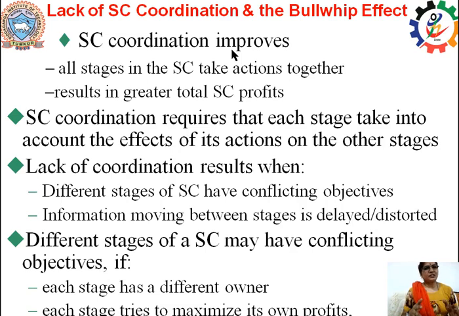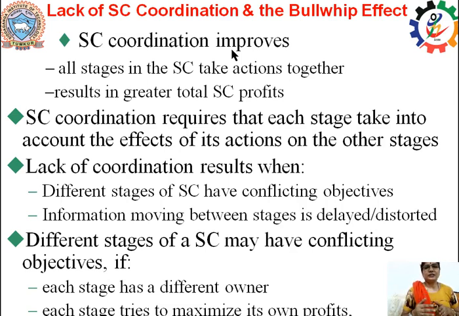This coordination improves if all owners take actions together by considering their consequences on the neighboring stages. And once this coordination is developed, it will have a positive impact on supply chain profitability.